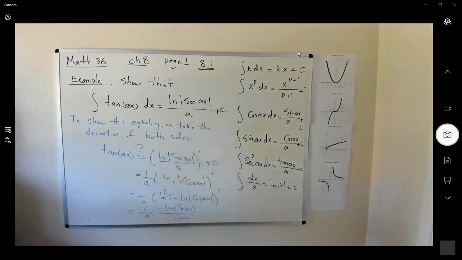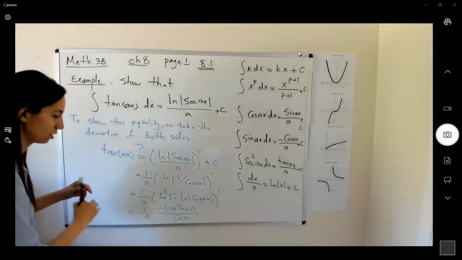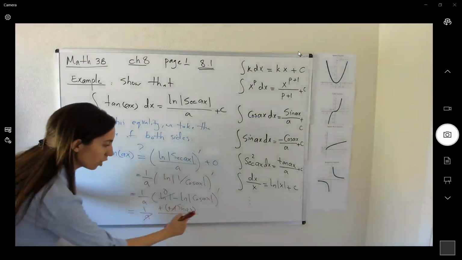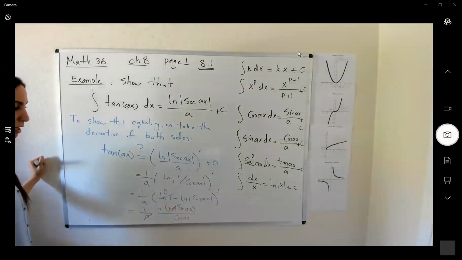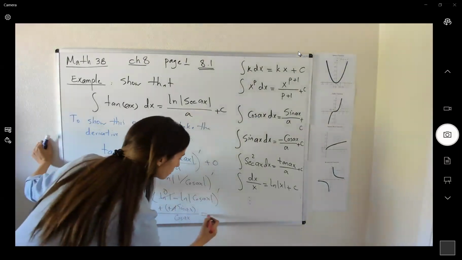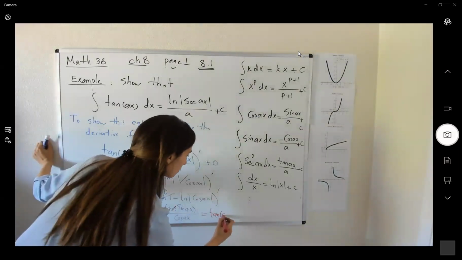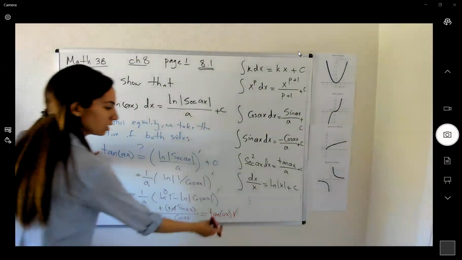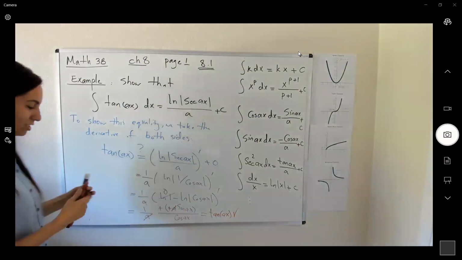Very well. We can cancel out negative, negative, a and a. We get sine ax divided by cosine ax, which is equal to tangent ax. So we show that the left-hand side is equal to the right-hand side.